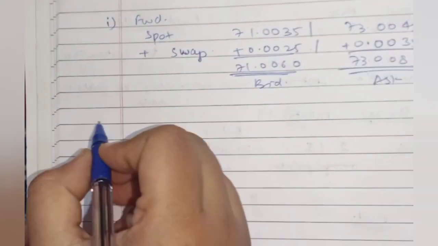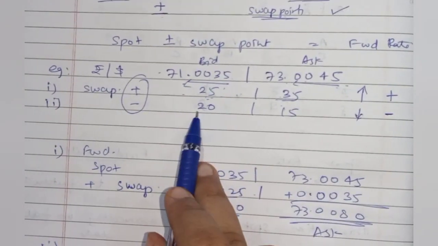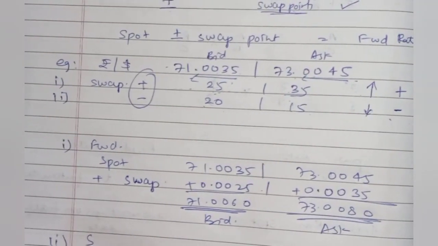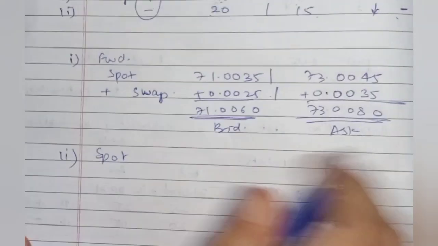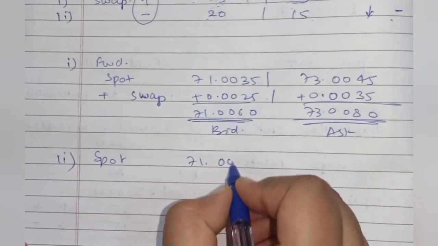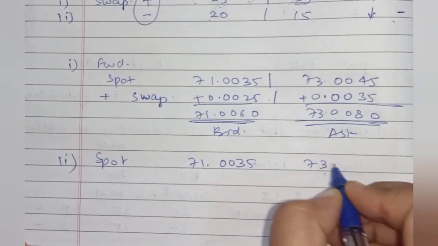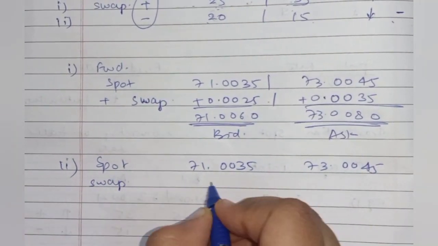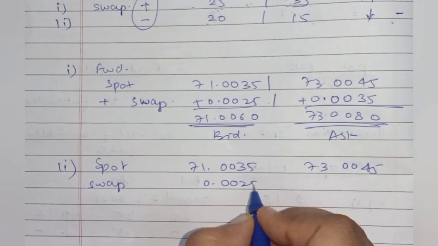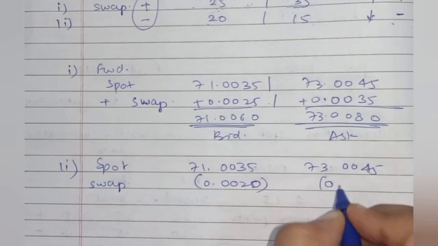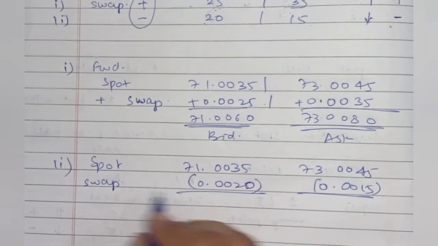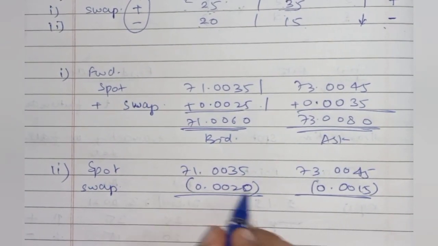Similarly, in the next case, since the swap points are in a decreasing trend, we will decrease them. So let us write the spot first. The spot is 71.0035 and 73.0045, and the swap points, since they are showing a decreasing trend, this time we will minus them. Please put a bracket over negative figures, because you will end up making silly mistakes if you don't put the bracket.